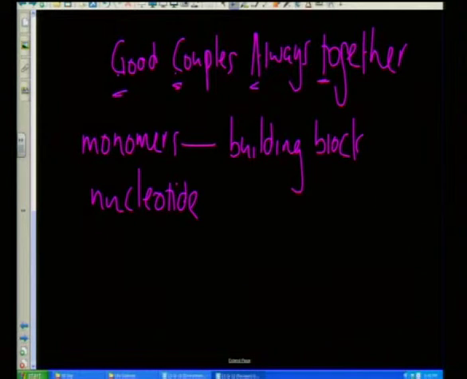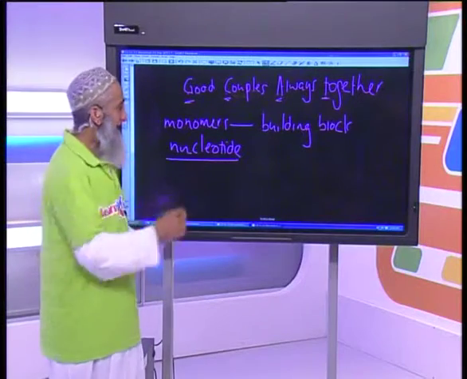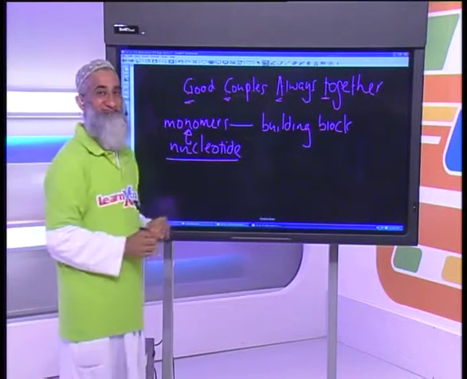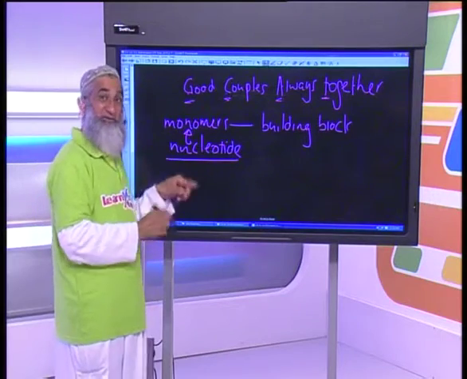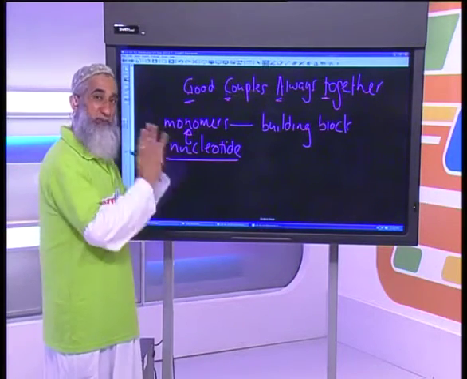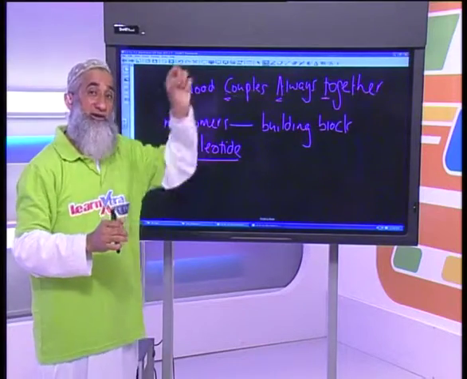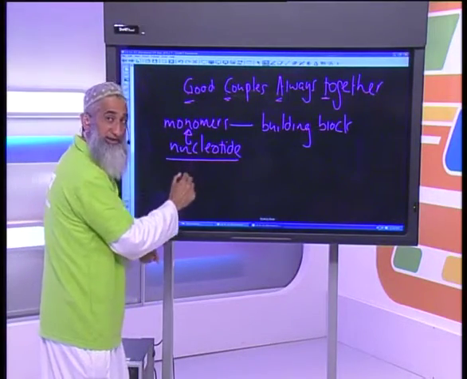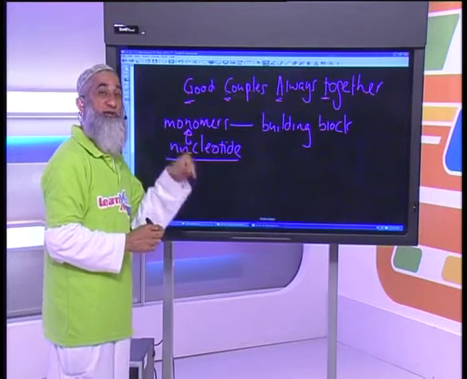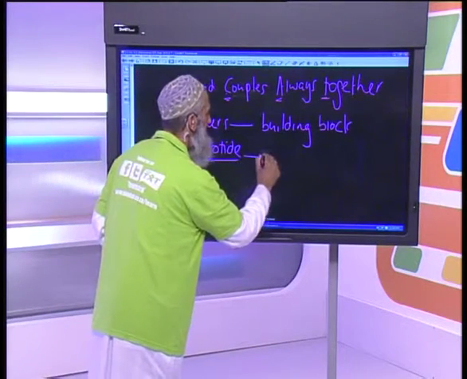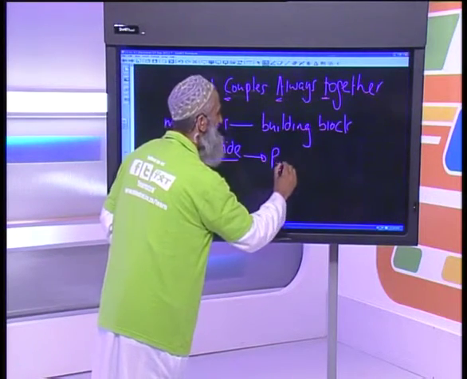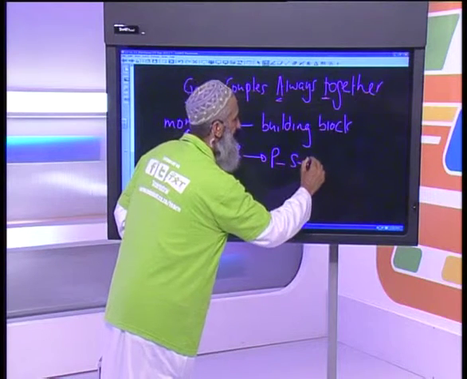In DNA and RNA, the nucleotides are monomers. These are not synonyms. A monomer is a building block, but like the brick was a monomer in a wall, the nucleotide is a monomer of a nucleic acid. A nucleotide, by the way, is made up of a phosphate, a sugar, and a nitrogenous base.